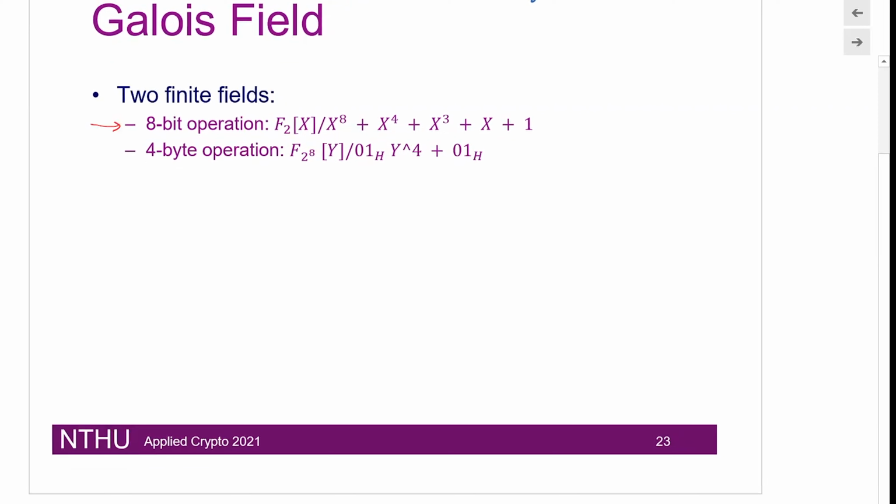This one is going to be used in the substitution byte, in SubBytes algorithm, and this is the group that we are going to use in MixColumns. So you have two different groups, two different definitions for two different operations that we have.